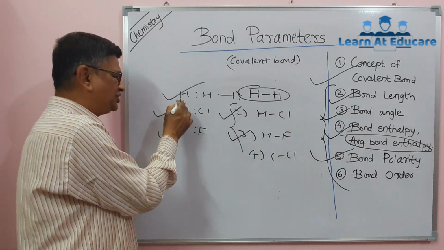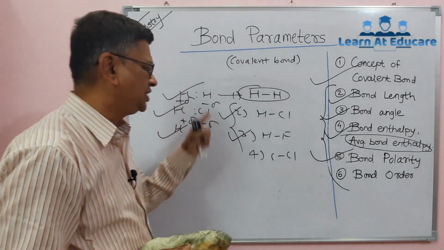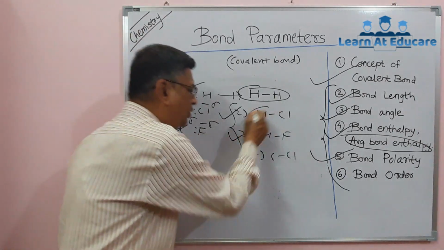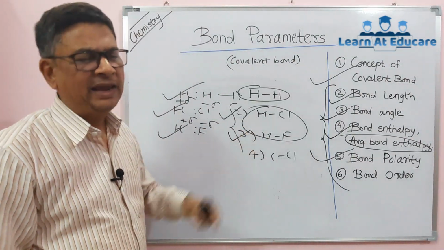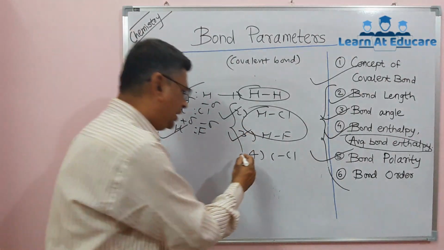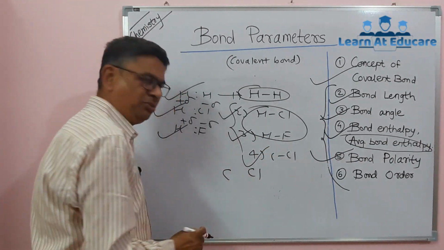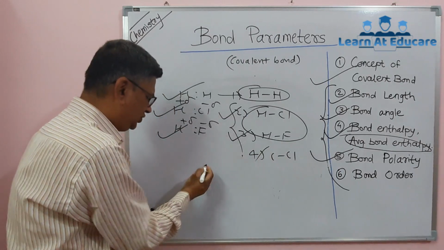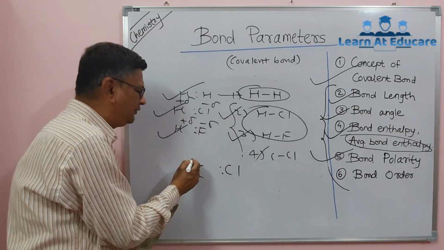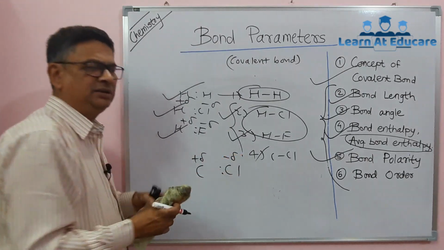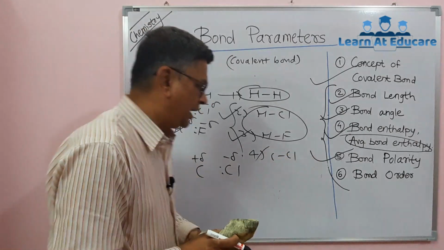So they get partial charges, plus delta and minus delta, and this property is called bond polarity, and such covalent bonds are called polar covalent bonds. In the carbon-chlorine bond also, as compared to carbon, chlorine is more electronegative, therefore the bonding electron pair will shift towards chlorine, and that will give such partial charges. This tendency is known as bond polarity.